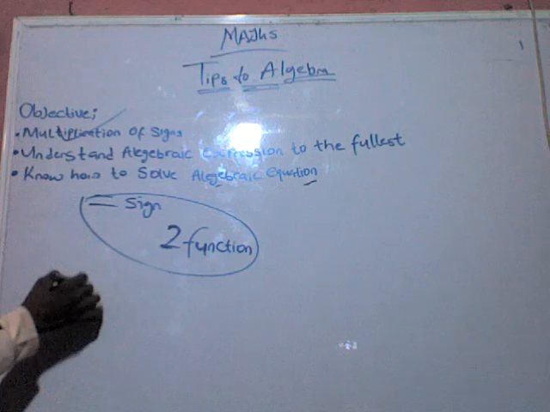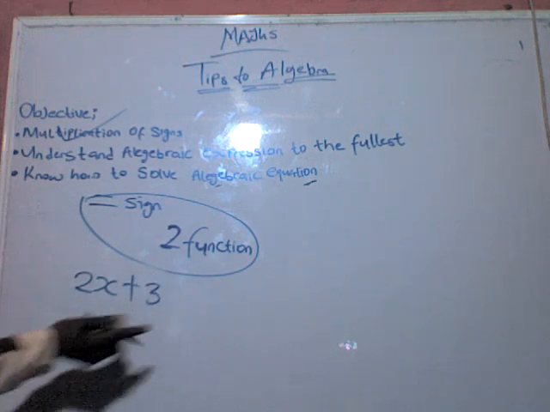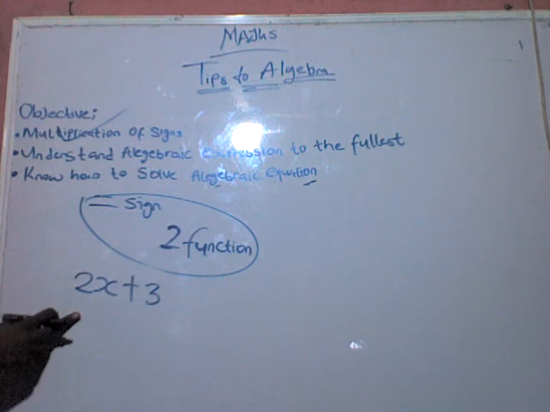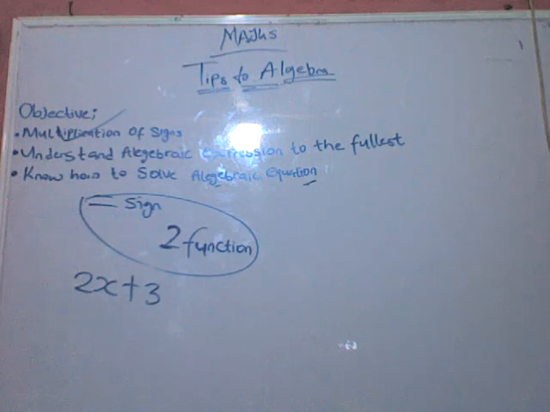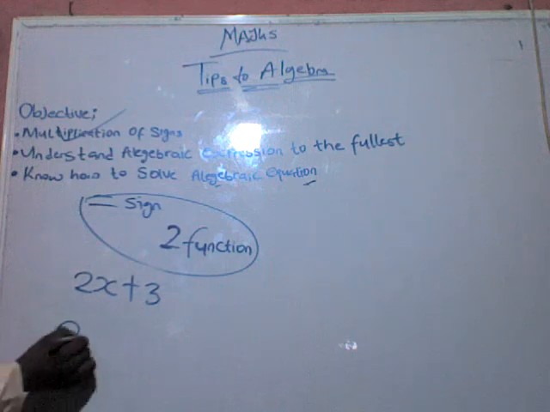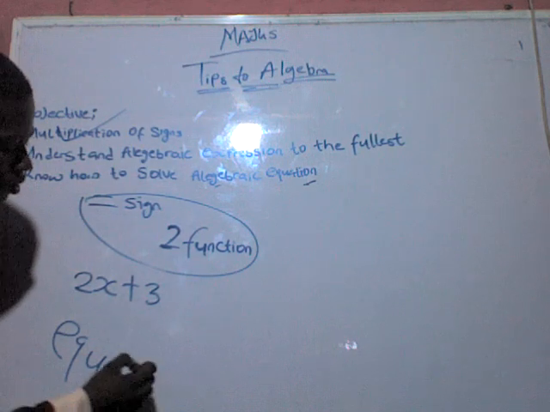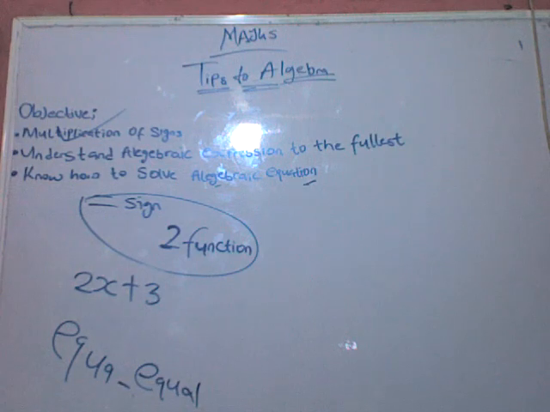So we have 2x plus 3. We can call this an algebraic expression, because it carries no equals to sign. Now an equation, looking at the word equation, you have equi, which is gotten from equal.